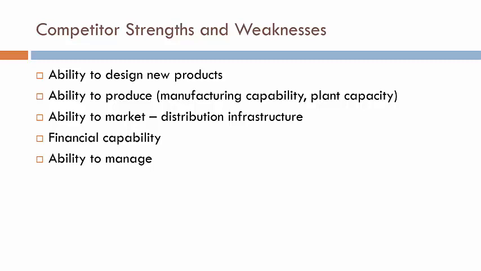So we have to understand this. I hope you're understanding how we first of all figure out the strengths and weaknesses, because it's all relative to competition, right? Another one is ability to distribute. Ability to distribute is another area where a competitor may have an advantage or a disadvantage. A competitor with a large distribution network will be in a position to readily adapt to changes in a market, and a firm with a large distribution network may also face constraints at the same time.